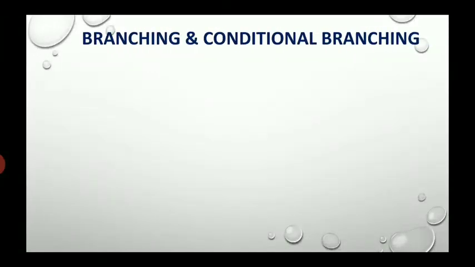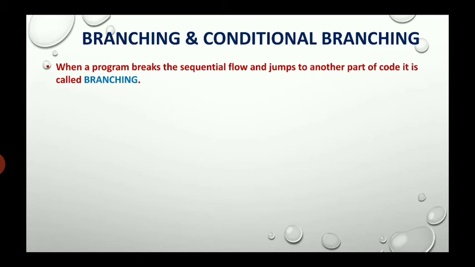Now branching and conditional branching. First of all, we should know what is branching. Now when a program breaks the sequential flow and jumps to another part of code, it is called branching. Now in the first example that we saw, the compiler will check sequentially, but when that sequential flow is broken, then it jumps to another part of the code based on the condition.